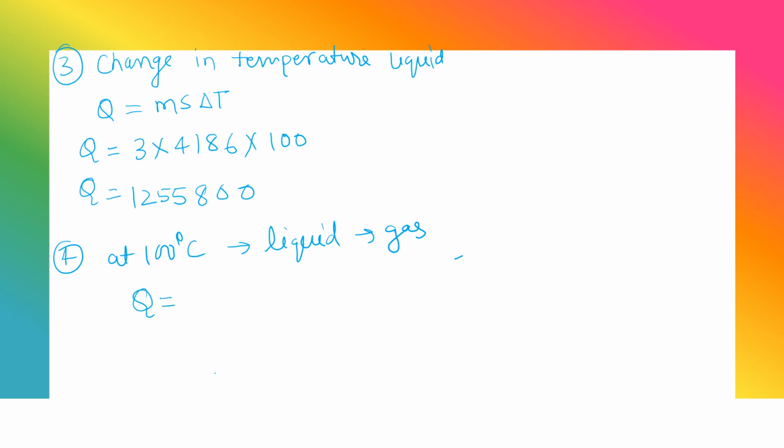So Q is equal to L into M, as I have done in the last part as well. So we will write here Q is equal to L, we need to know in this case, and latent heat of vaporization is 2.256 into 10 power 6 joule per kg into mass 3.